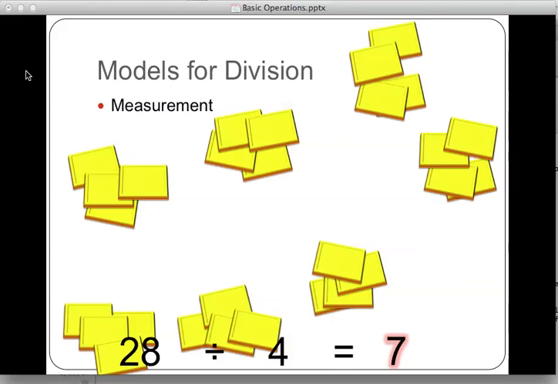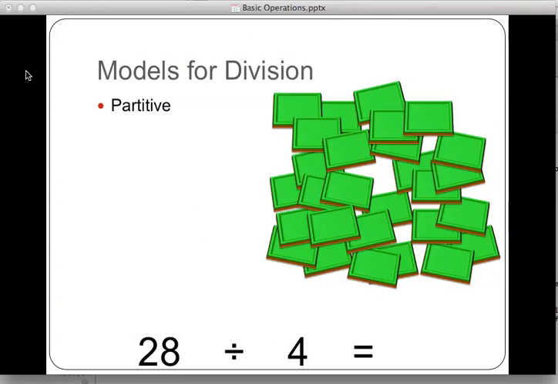One way would be a measurement problem where we would say, okay, how many groups of 4? In the real world, though, that's not the only situation that may happen. How many groups of 4? Well, we just broke out 4, we measured out 4, and then 4 more until we ran out, and we found that there were 7 groups of 4.